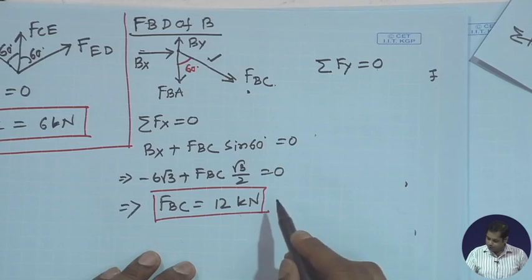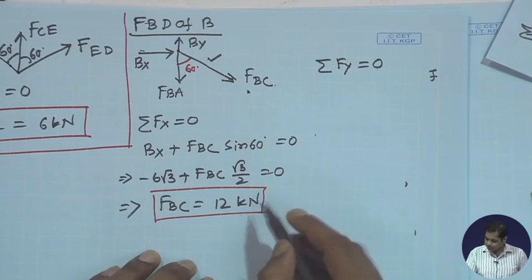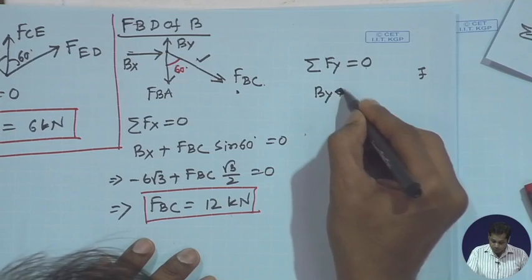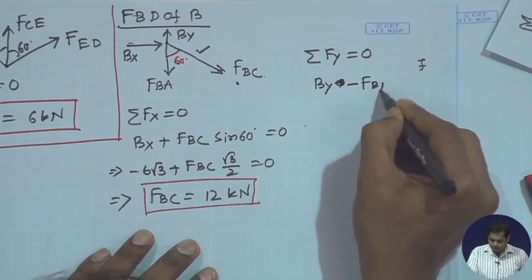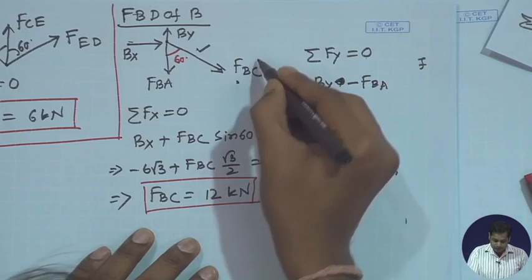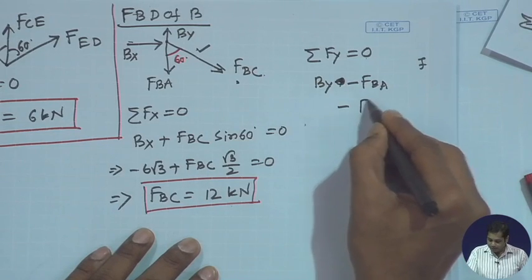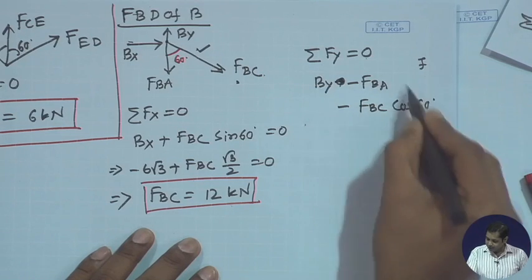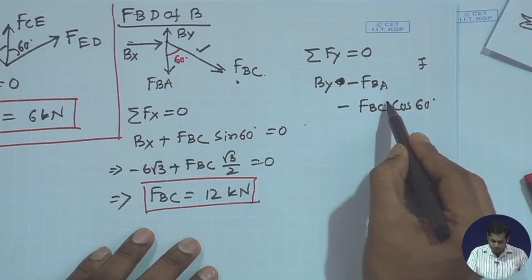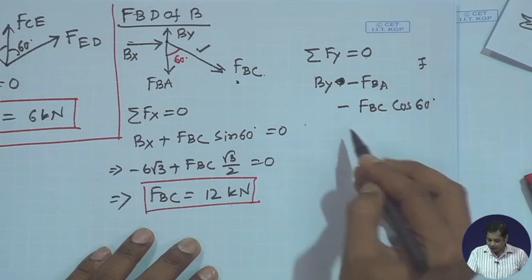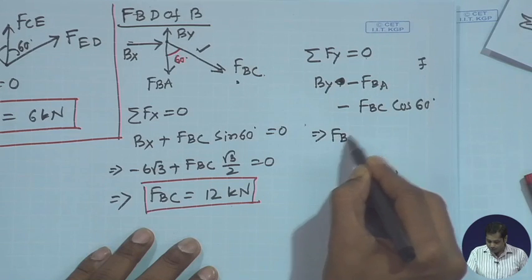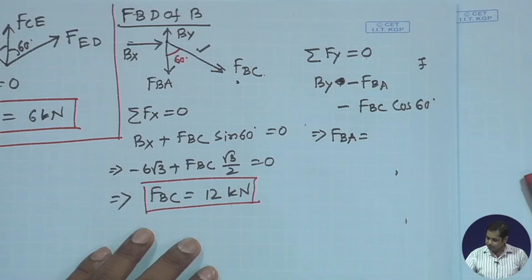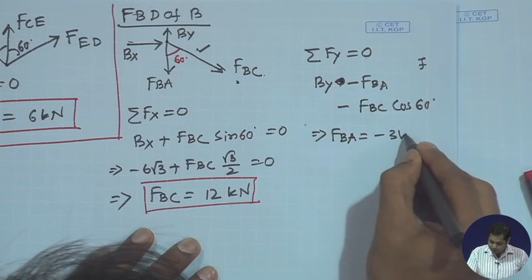The equation is By minus FBA minus component of FBC cos 30, and then if I substitute all the values, BC is known, By is known, only unknown is BA, and from this we get BA is minus 3 kilonewton.